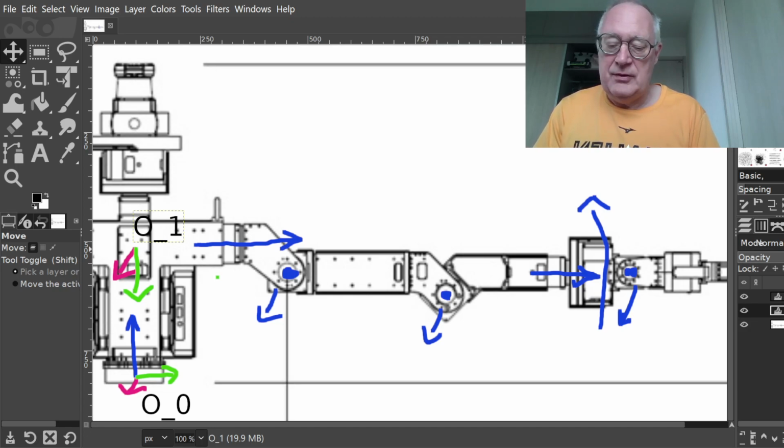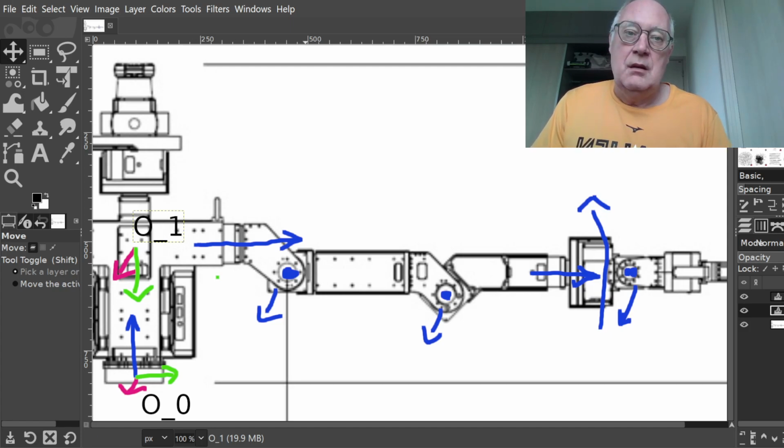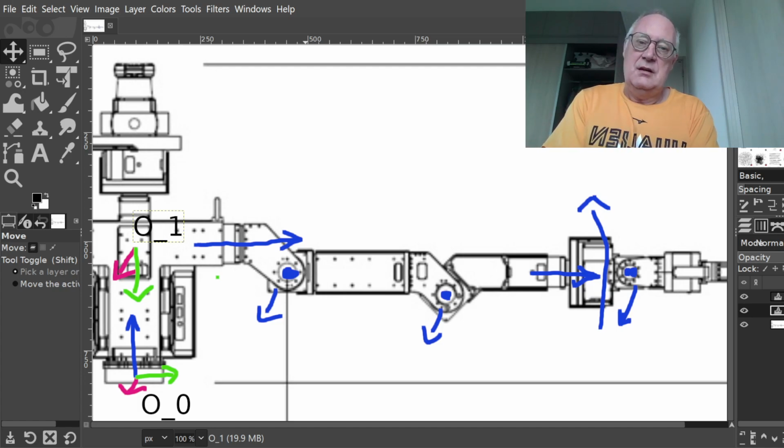And then alpha, now I need to rotate around.